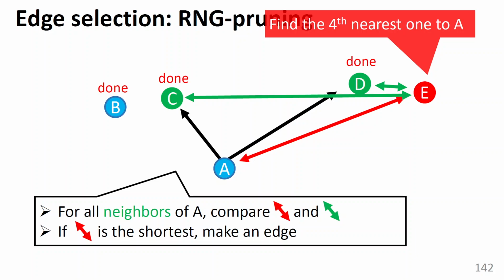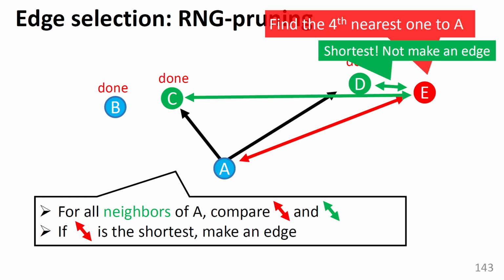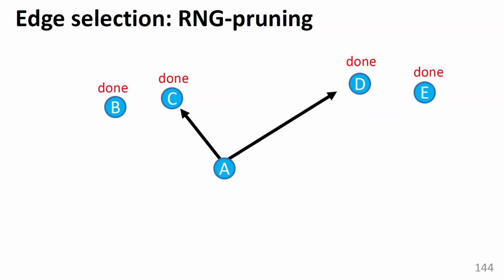It's the shortest distance and shorter than AE. So based on our assumption, maybe they already have an edge between them, so we don't need to make an edge between A and E. We discard this edge between A and E. So this idea is called RNG forming.